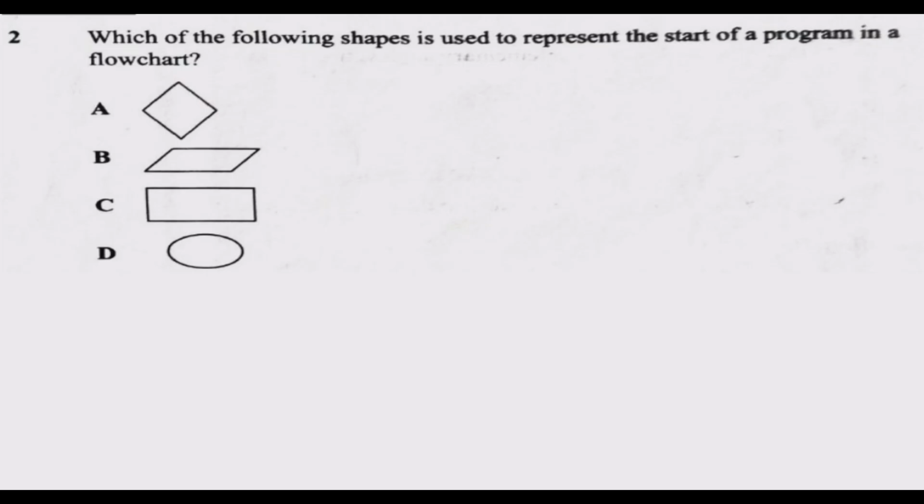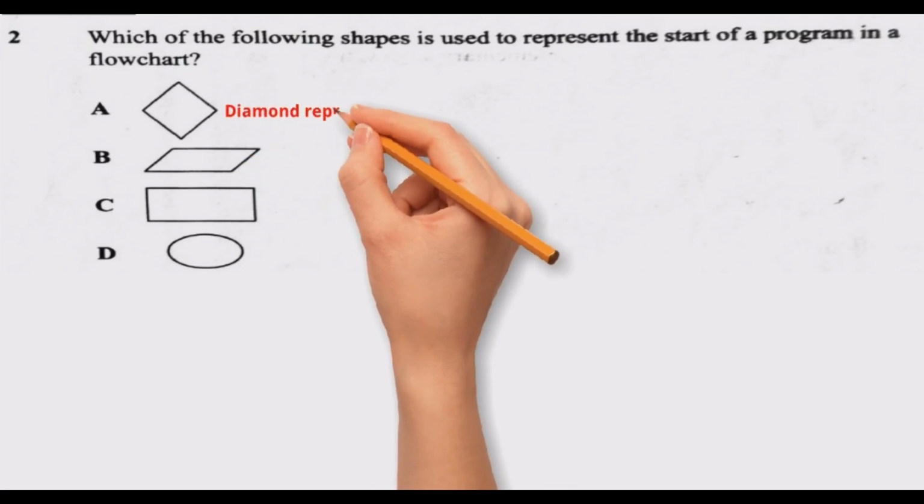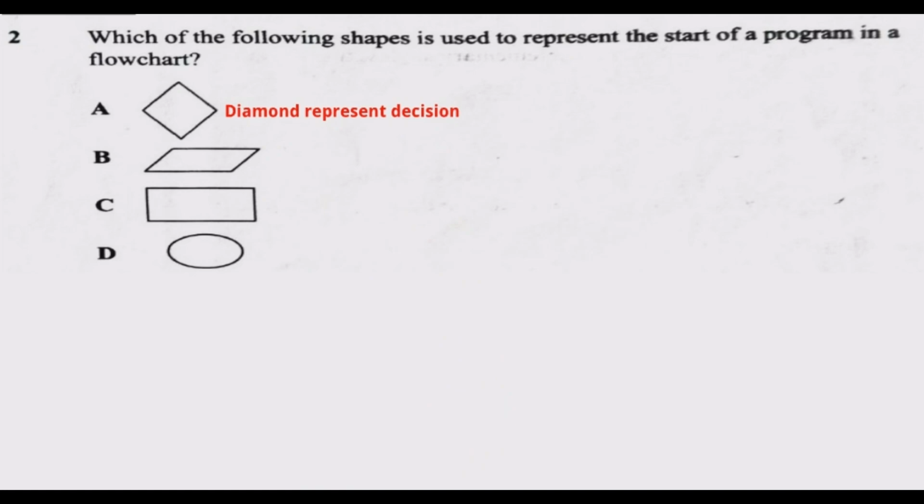Before we identify the shape that is used to represent the start of the program in a flowchart, let me go through all these shapes. The one on A is called diamond, and diamond represents a decision.